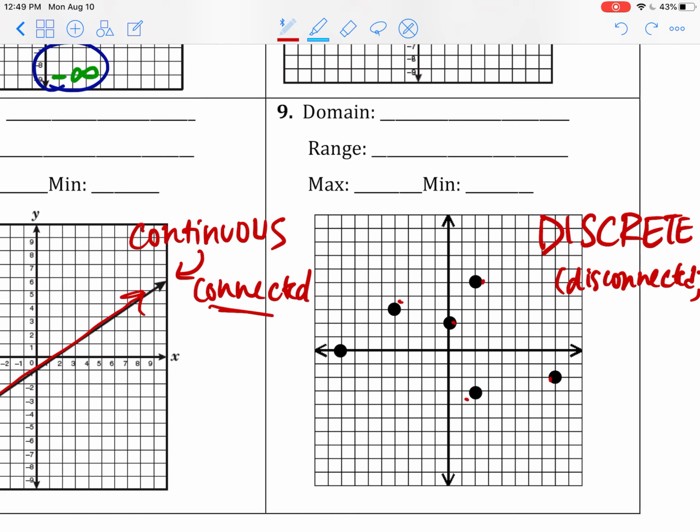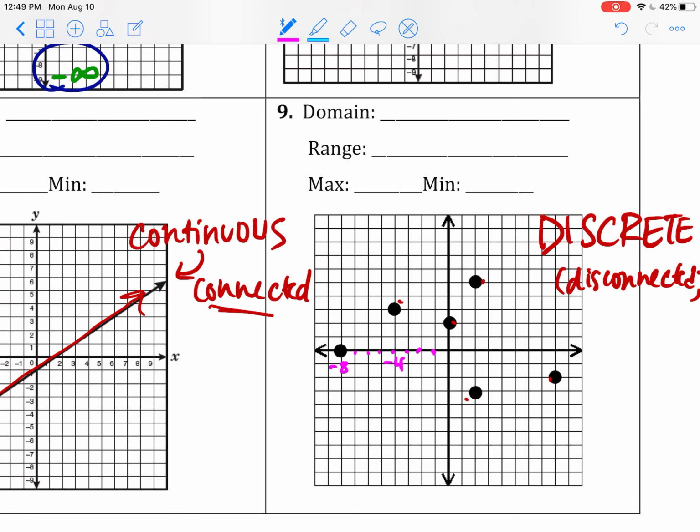And so domain and range becomes even easier in that case because you just list each x value and list each y value. So continue scanning from left to right, bottom to top to write these values. It'll help. And so here's -1, -2, -3, -4, -5, -6, -7, -8.